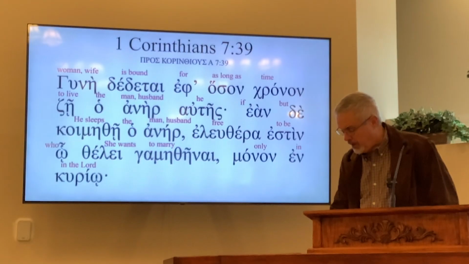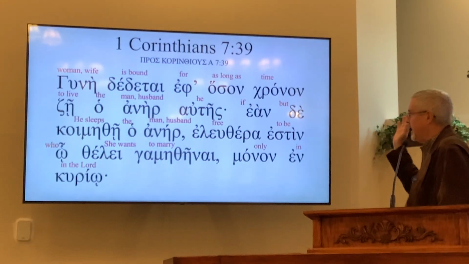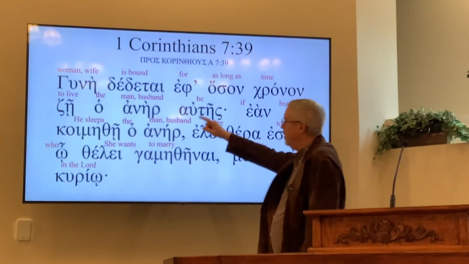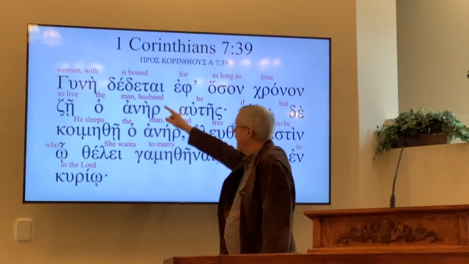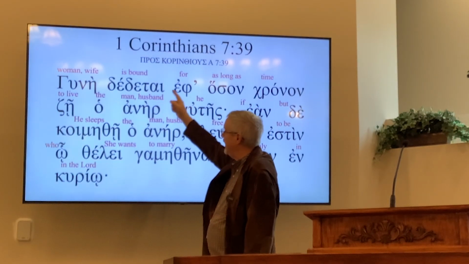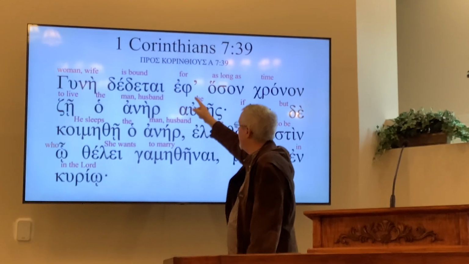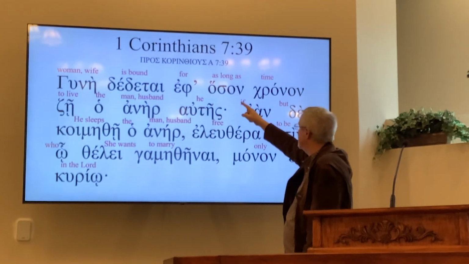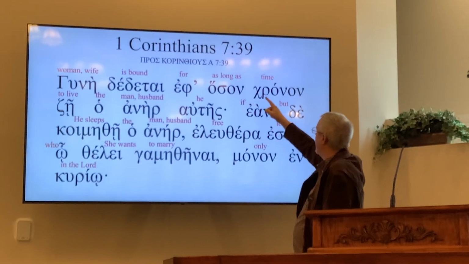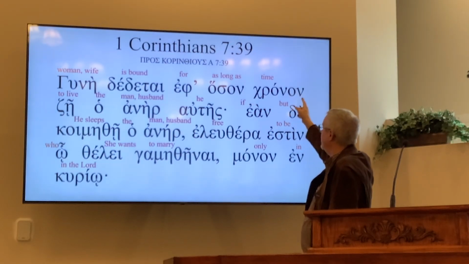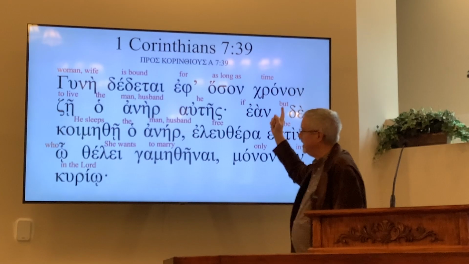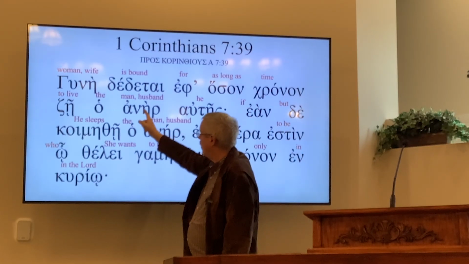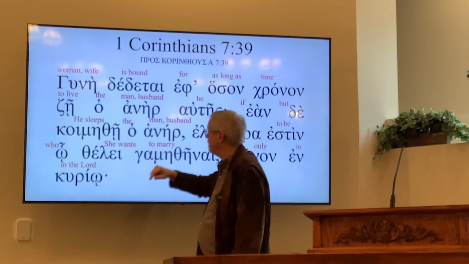Okay, now we come to this. This is it in Greek. So, gune is woman or wife. Dedetai, that is bound. She is bound. That is for as long as, chronon, as long as that would be the time her husband lives.